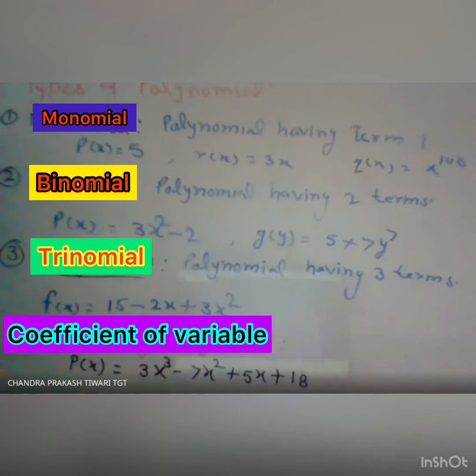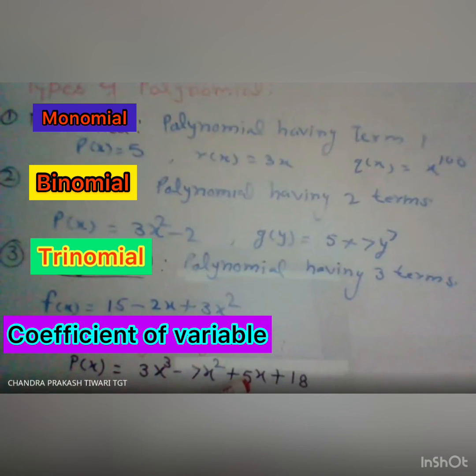Now you can say that the coefficient of the first term, x cube, is 3, and the coefficient of x square is minus 7. Always take the negative sign; with the sign you will tell the coefficient.